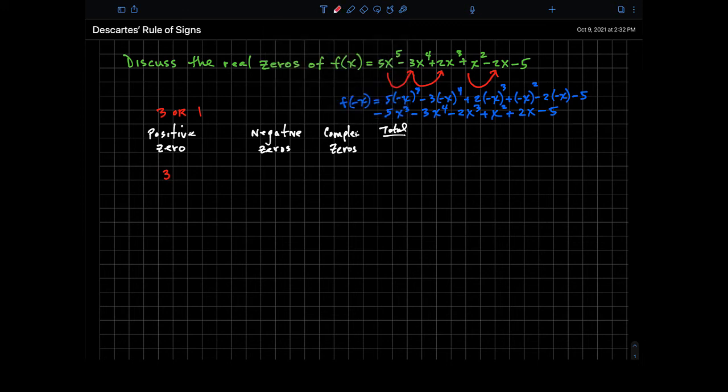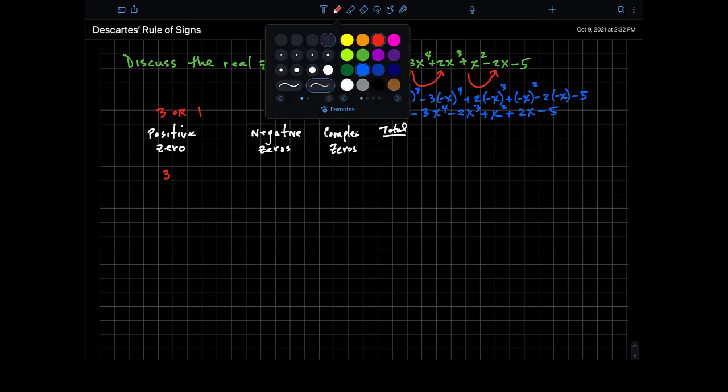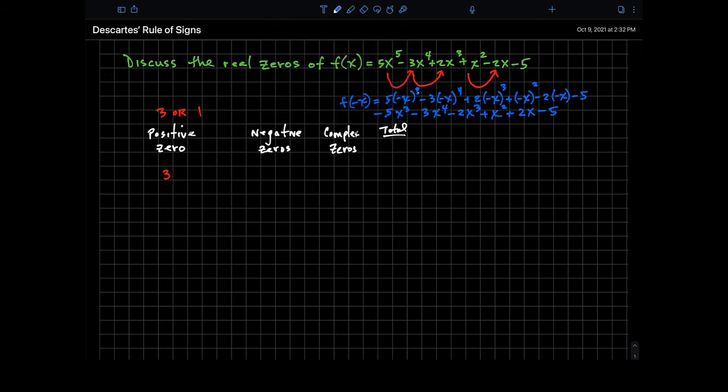Now we're going to look to see the sign changes. This number doesn't look clear. That's supposed to be a 5. It looks like a 3, so I'm just going to make sure I clarify it. This is a 5. There are no sign changes from -5 to -3, neither from -3 to -2.